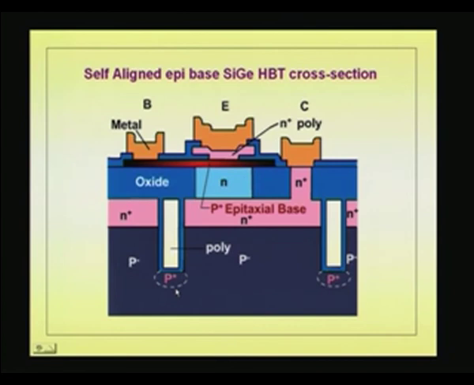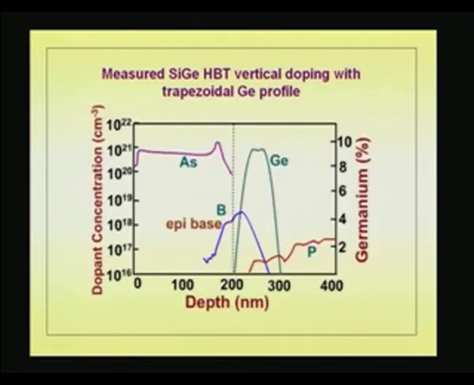This is the approach that IBM has been using, and the device structures are micron. Doping profile, I will just quickly run through, because there is no more explanation needed. This particular structure does not show doping concentration changes: arsenic emitter doping, base doping gradation, and germanium.